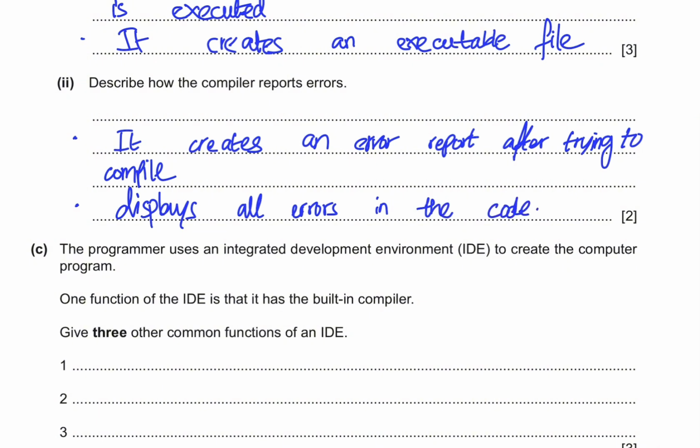Okay, describe how the compiler reports errors: it creates an error report after trying to compile. It displays all the errors in the code.